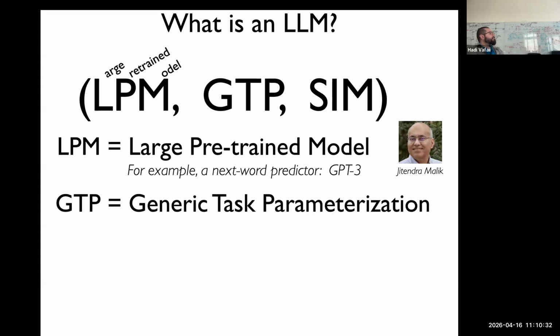Okay, and then there's, maybe equally importantly, a generic task parameterization. So what does that mean? It means that basically there's a way of stating all the tasks in your domain in the context of one single framework. The base version of this, and this was the amazing thing about GPT-3, was, here's a solution to all language tasks.